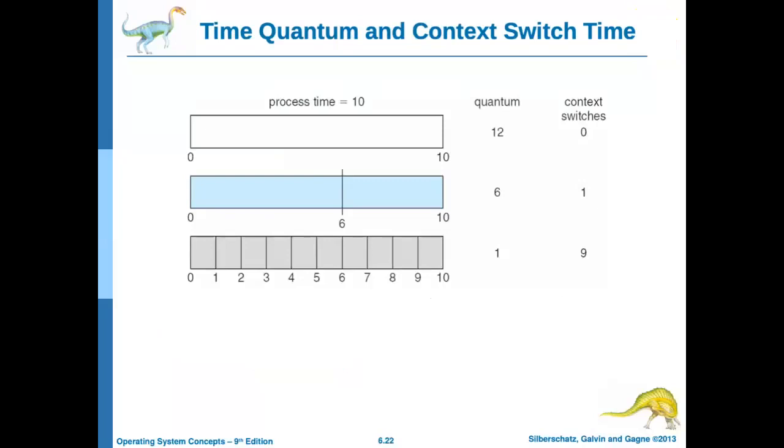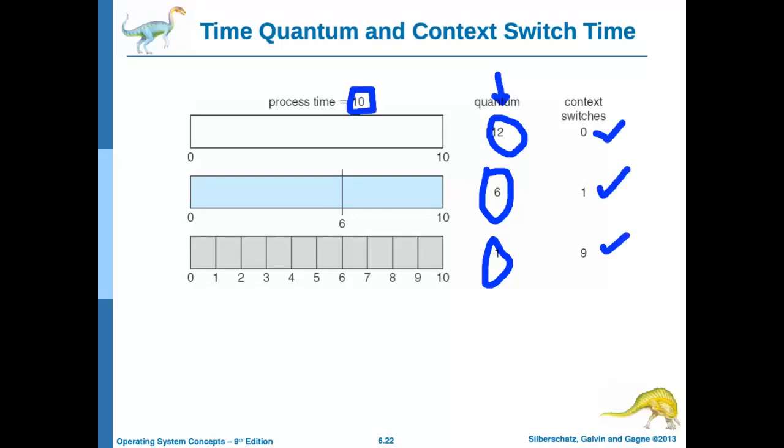Now in this slide, if the process time is 10, and if we select different time quantums, say for example 12, then 6, then 1, here we'll see how many context switches will take place if the process burst time is given as 10. So 10 is given and time quantum is 12, no context switch is required, the process will be finished in a single turn.